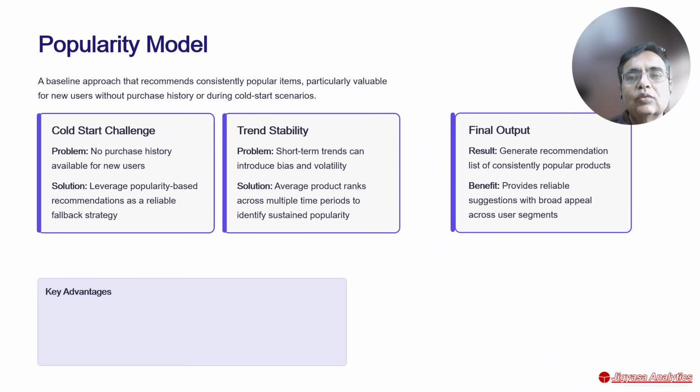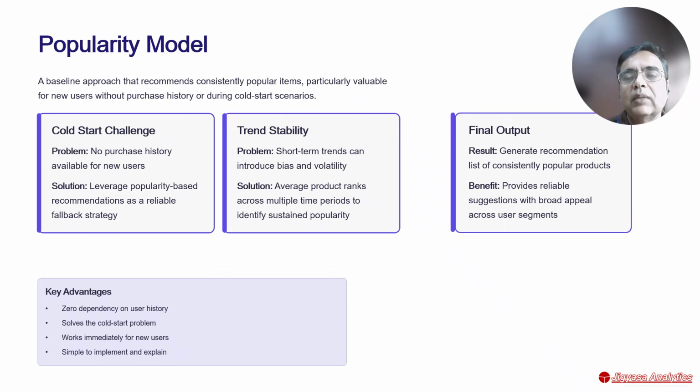And to summarize key advantages, as we have discussed: zero dependency on user history, solves the cold start problem, works immediately for new users, and simple to implement and explain. And the drawbacks are, there isn't really any personalization here. You are just using product sales trends to make recommendations.